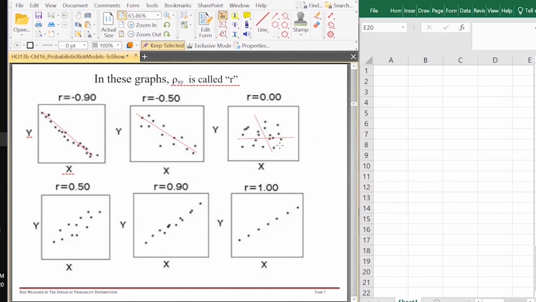So here, we'd say it's virtually impossible to predict the return of stock Y based on the return of stock X. And we can do the same thing with positively correlated asset returns here. So I'll let you look these over yourself. R equal positive 0.5, R equal 90%, or rho, as we're going to call it, and rho equals 1 would be a perfect straight line from X to Y.